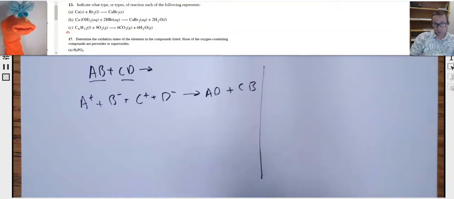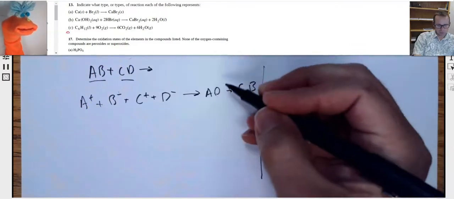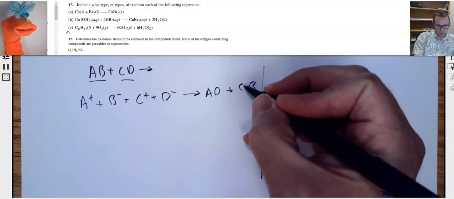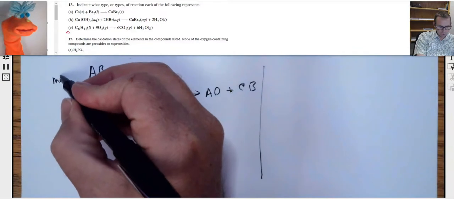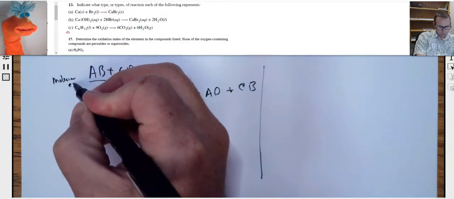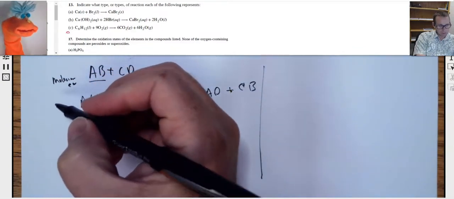You can recognize it by seeing two ionic compounds to start off with, and then they come together and form different ionic compounds. This is what we call the molecular equation, even though it has nothing to do with molecules.